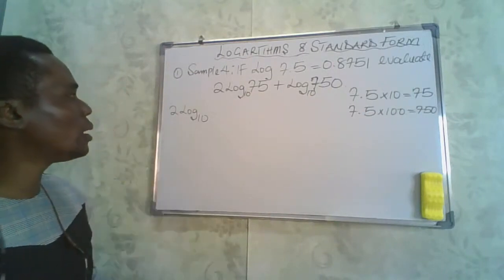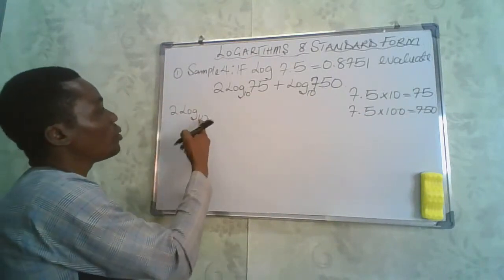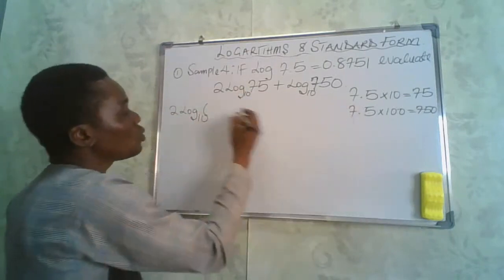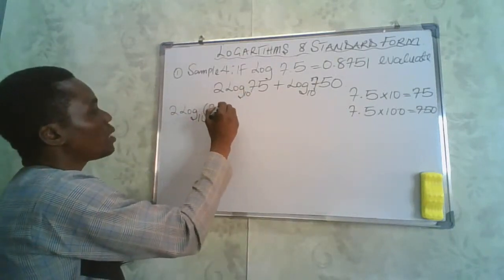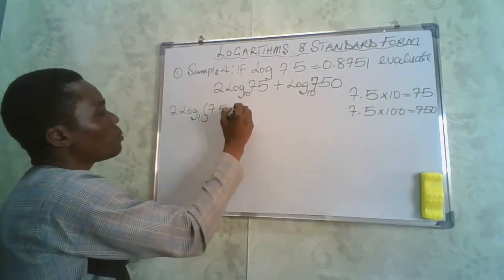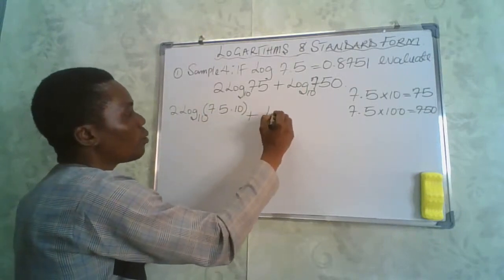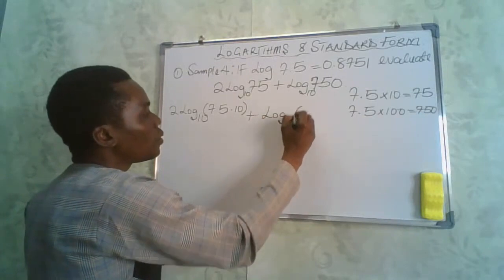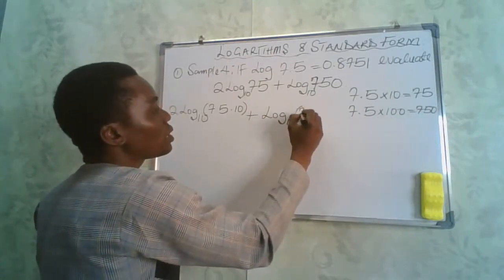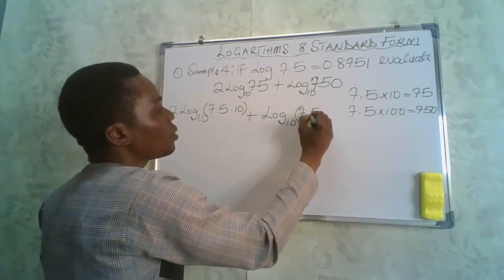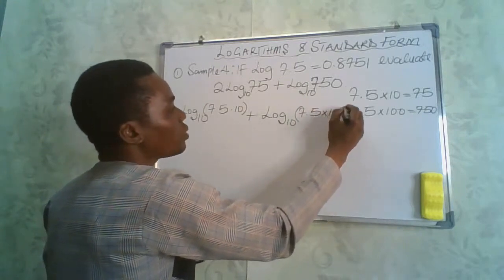So what do we do here? We have log of 75, which is going to be replaced with 7.5 multiplied by 10, right? And that will be plus log of 750, which is going to give us 7.5 multiplied by 100.